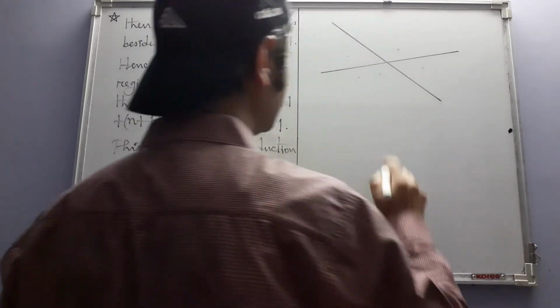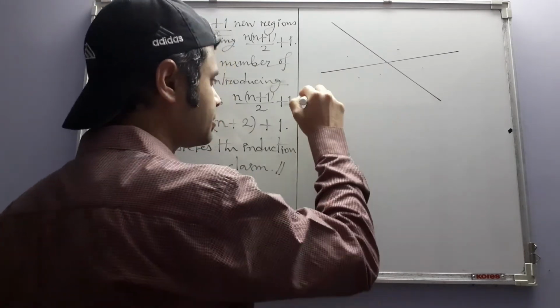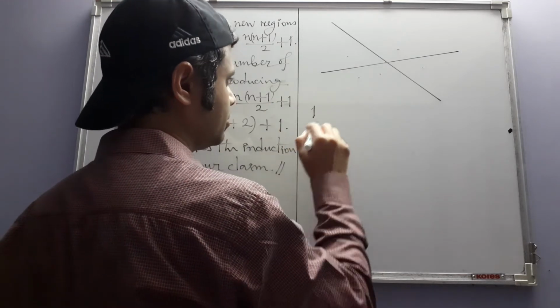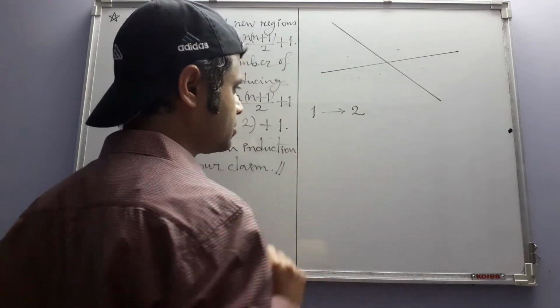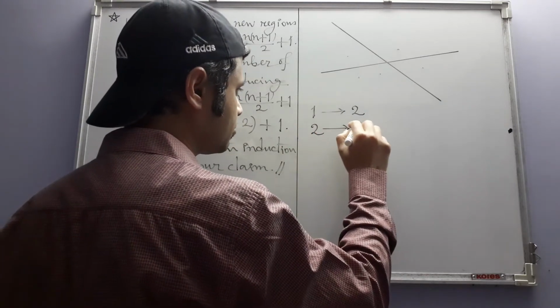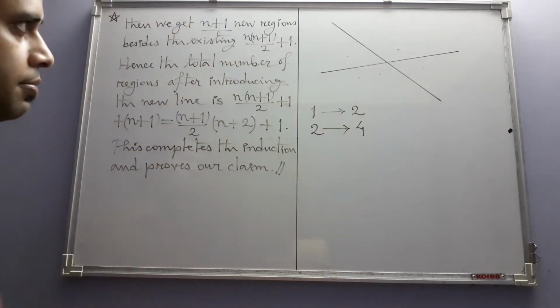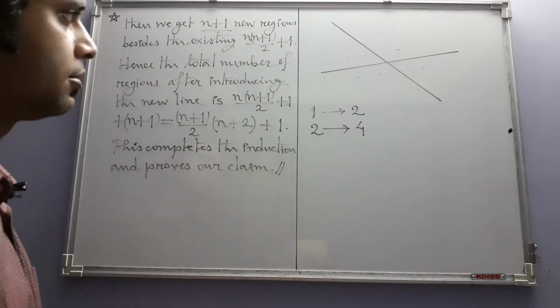Okay, so along the way, let's keep track of the number also. When we had one line, the number of regions was 2. 2 gives us 4. Okay. Now when we introduce in the next step one more line, what happens?